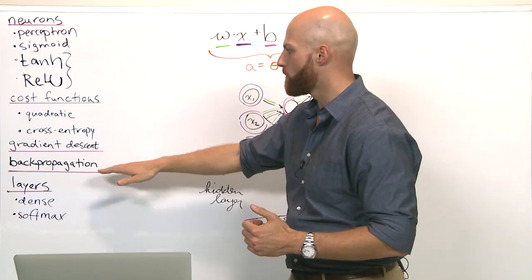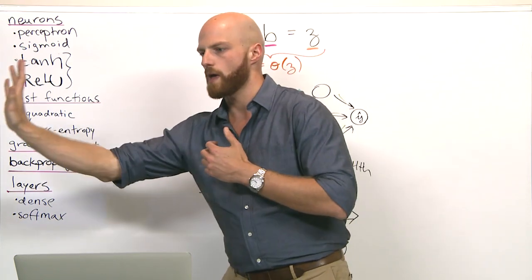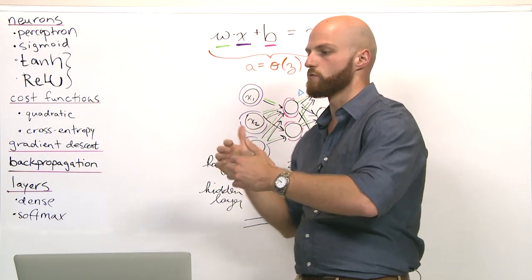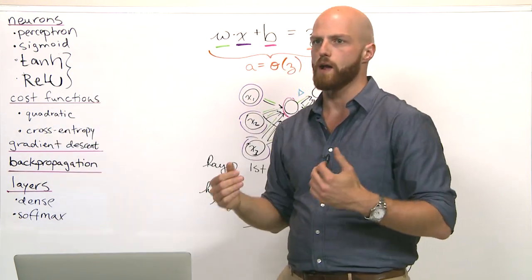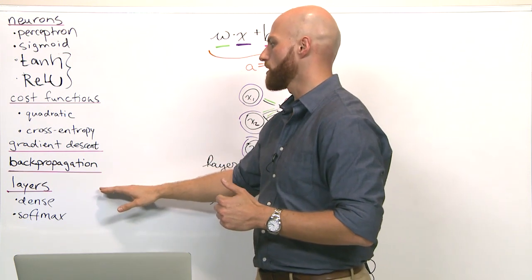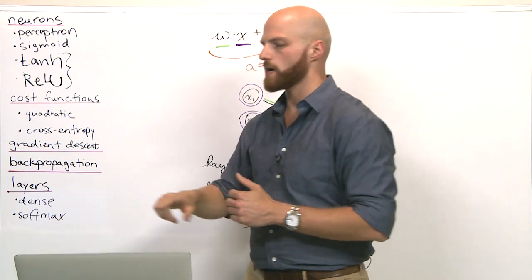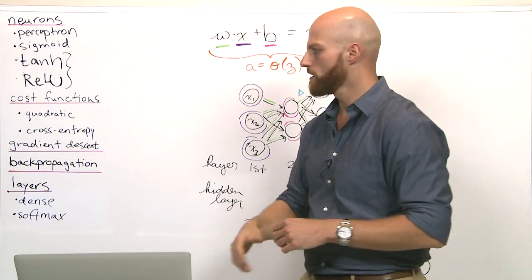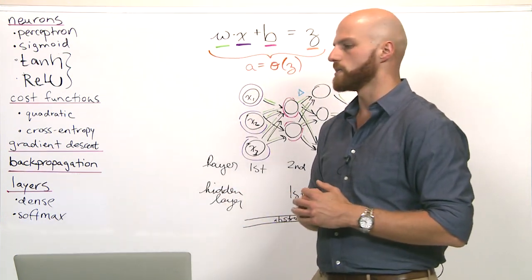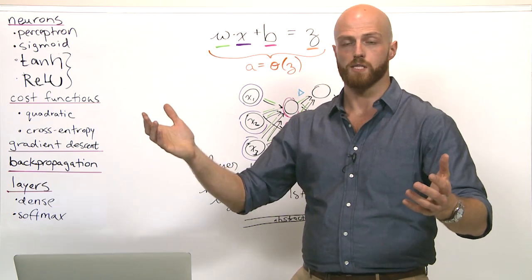We know how we can use backpropagation to learn how to learn through the entire network, no matter how deep it is. And then we've also added to our arsenal of layers the softmax probability output layer on top of the dense layer that we'd already gone over earlier. So we're all set. Let's move on.